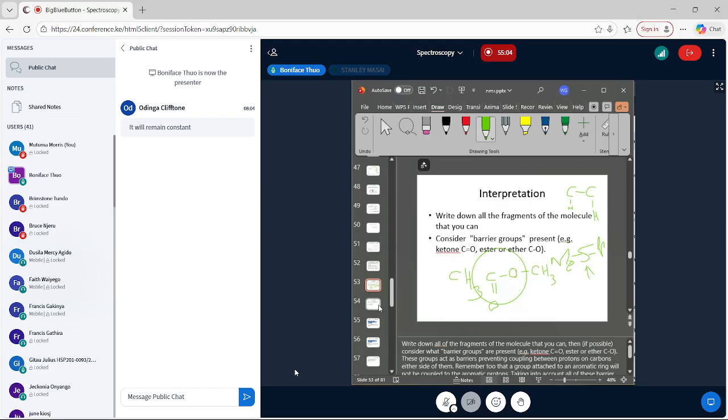How will the strength of the magnetic field affect the resolution of the spectra in NMR? Okay. So what happens is that when you increase the strength of the magnetic field, the separation.